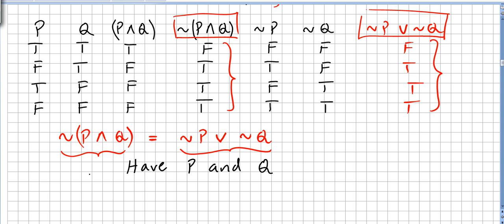So what you're saying is you don't have both P and Q. That is correct.